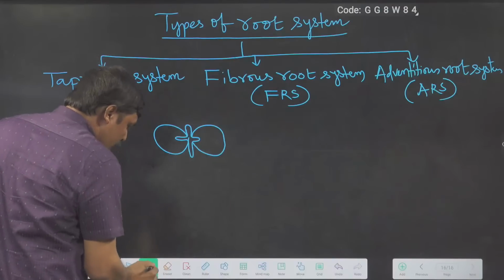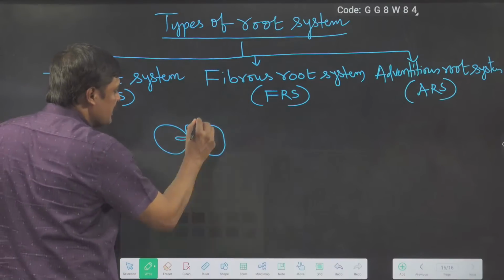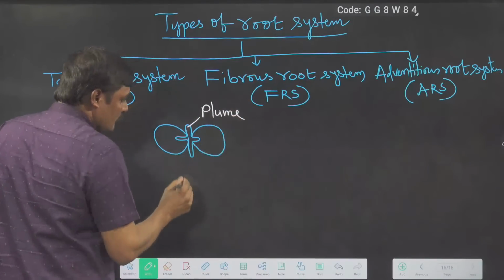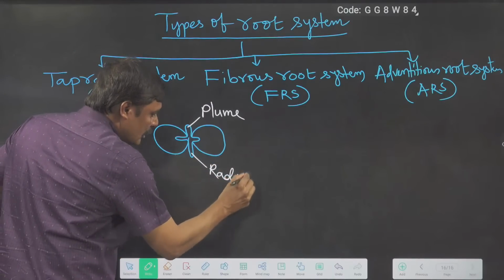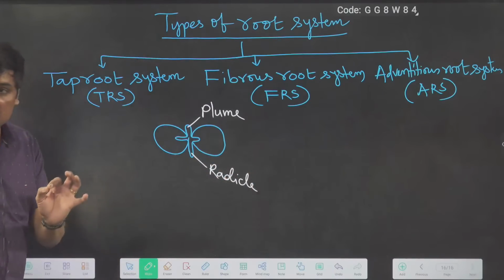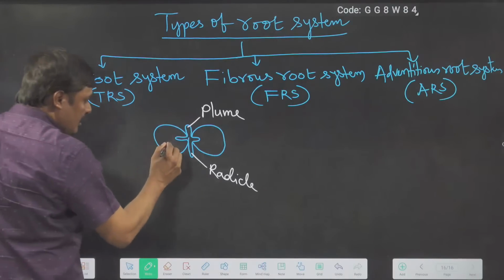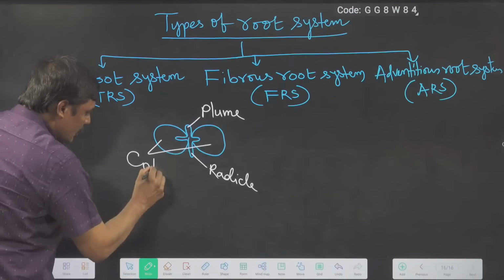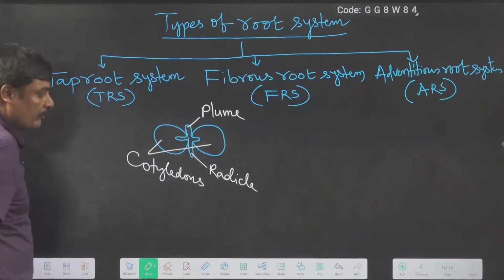In the dicot embryo, three parts are there. This is called plumule. This is called radicle. It is not radical, it is radicle. And these are the cotyledons.